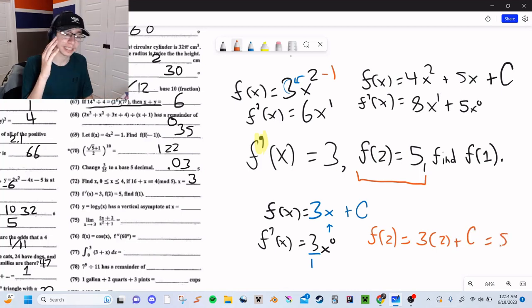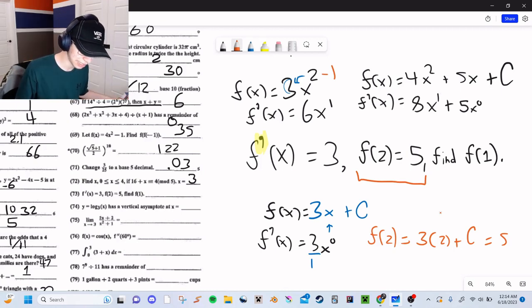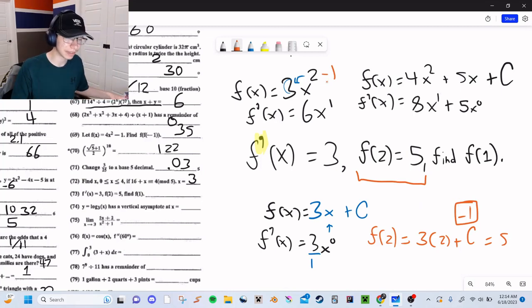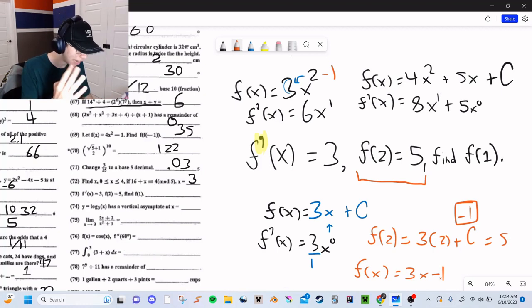I know that this is 5. I can solve for c. In this case, c would be -1. And now I can finally build my function. f of x is equal to 3x minus 1. That's my function. And now I can plug in f of 1. I plug in 1, I get 2.